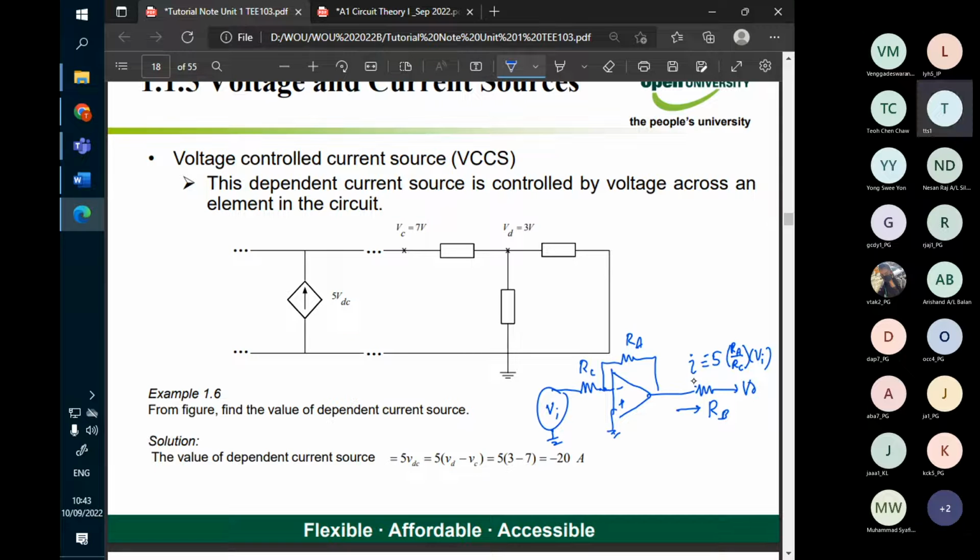You see, the current flowing through the output side depends on the voltage at the input side, scaled by some kind of ratio.